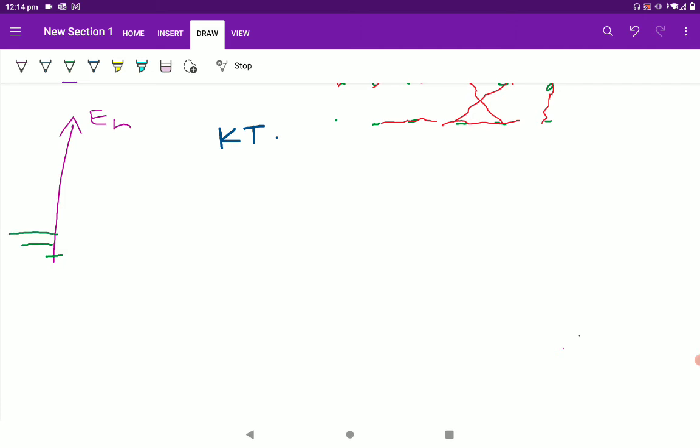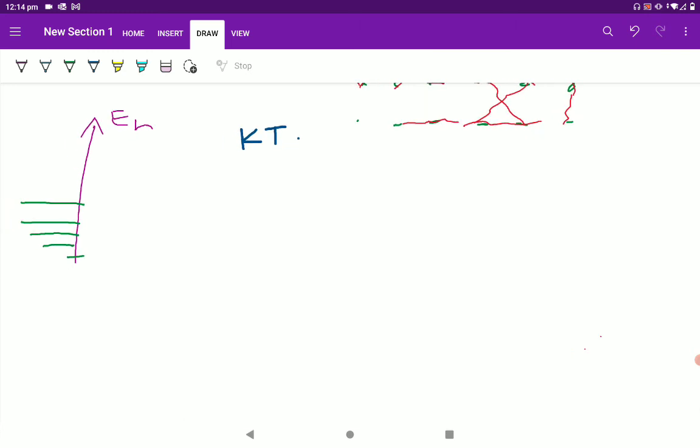This keeps on increasing in standard fashion. So this is 0. This is h cross omega by 2. This is n equal to 1, n equal to 2, n equal to 3.